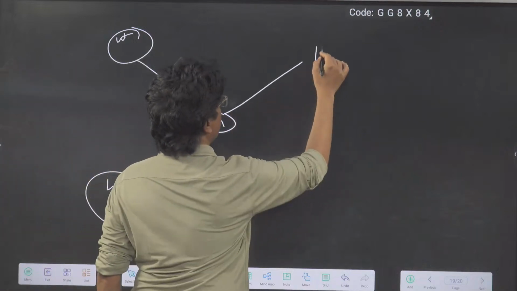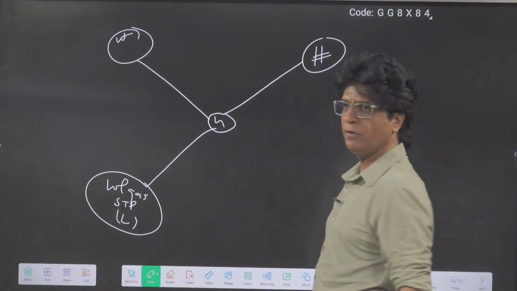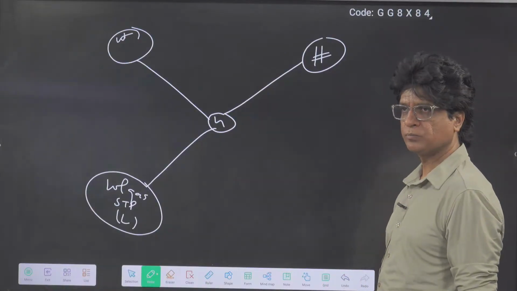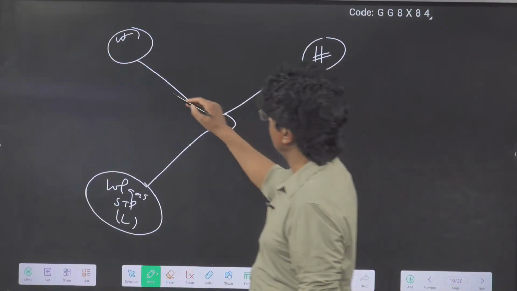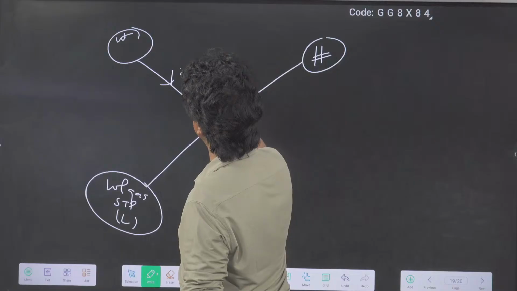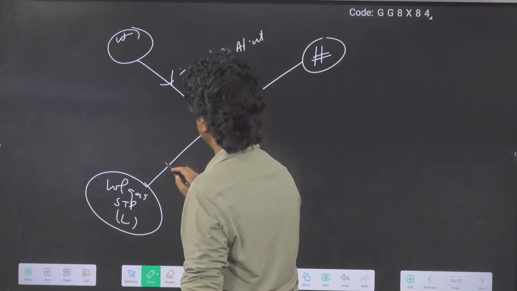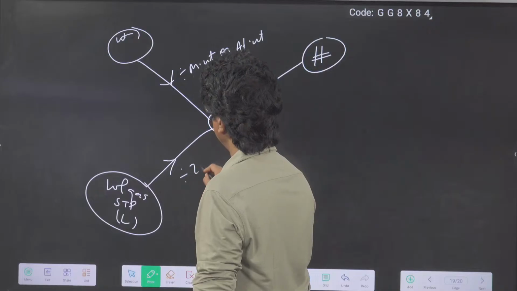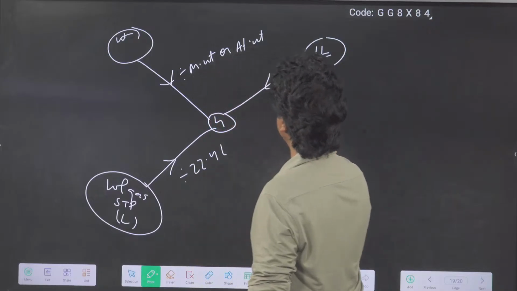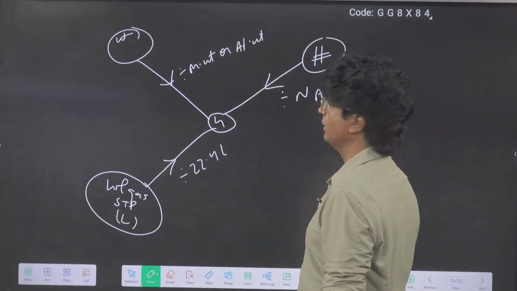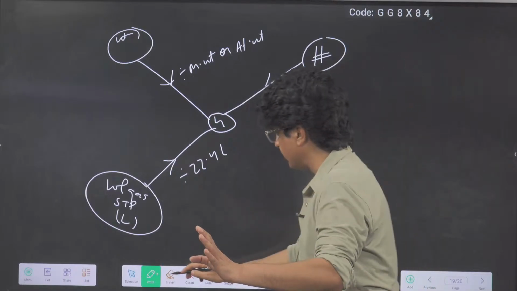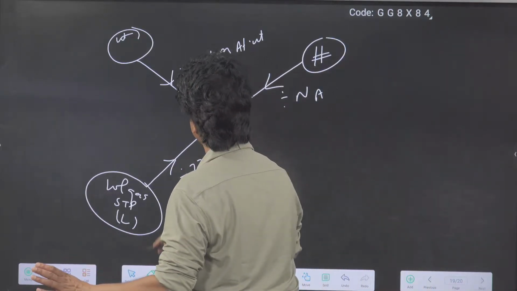And this, hash, means number of molecules. You have to divide by molecular weight, or atomic weight if it is an atom. You have to divide here by 22.4 liter. You divide here by Avogadro's number.